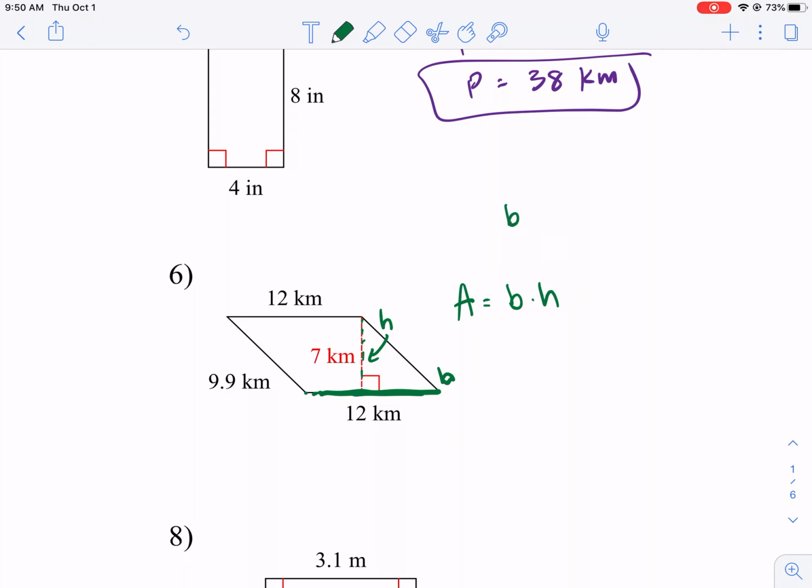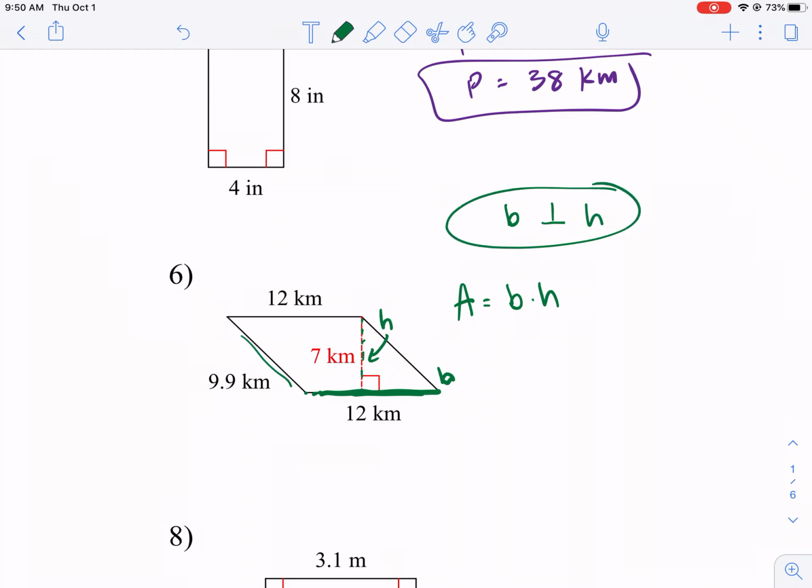So the base needs to be perpendicular to the height. That's very important. So you don't want to do 12 times 9.9. That's not going to help you. You want to do 12 times 7. Our base we're calling 12, and our height is perpendicular to that, so that's 7. So area equals 12 times 7, and we get 84. What are the units? Kilometers squared. That is our area. Again, area is that space inside.